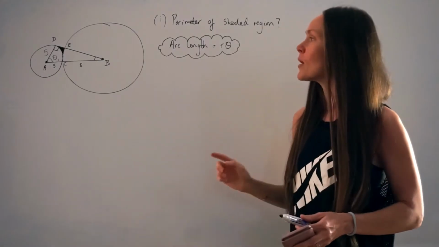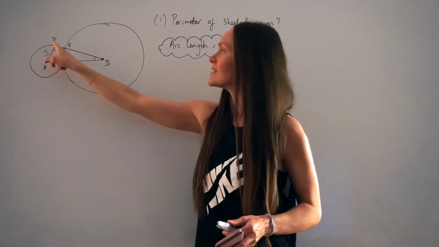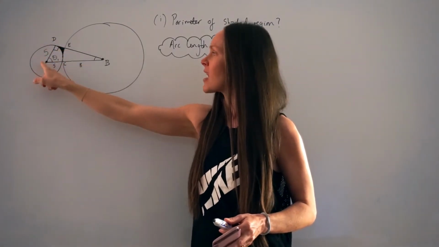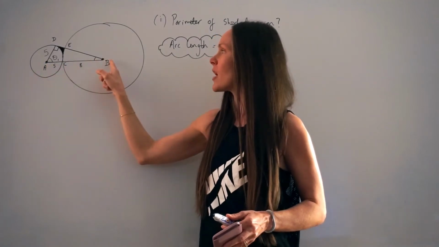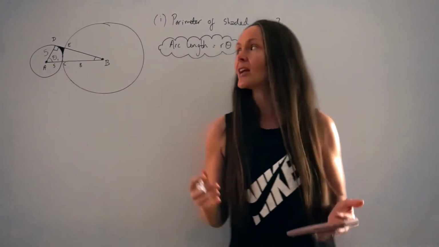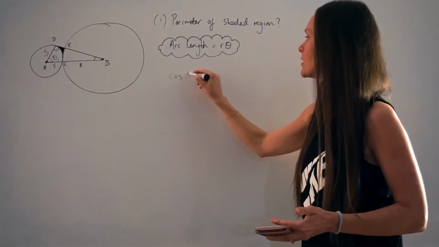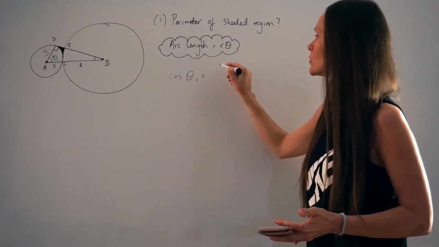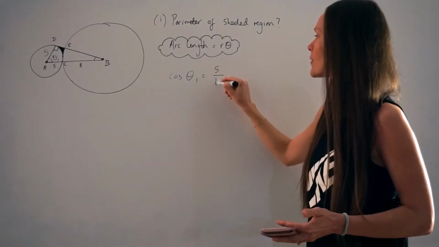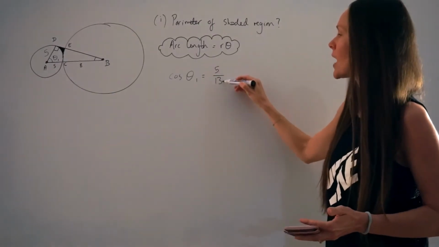If we're working out this angle, we can see that we've got the adjacent side and the hypotenuse. So using the adjacent and the hypotenuse, we know that cos theta is equal to 5 over 13, adjacent over hypotenuse.